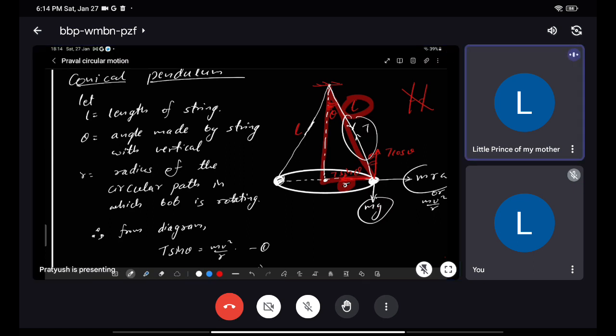Sir, which is rotating in circles, we can say so. Yes. So copy it.